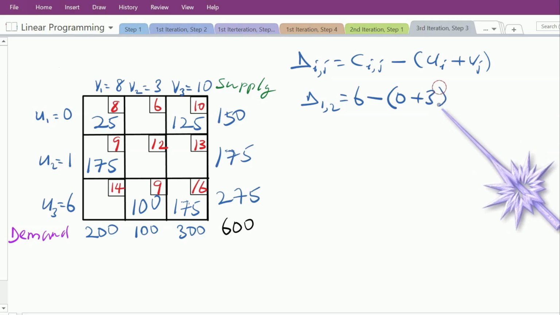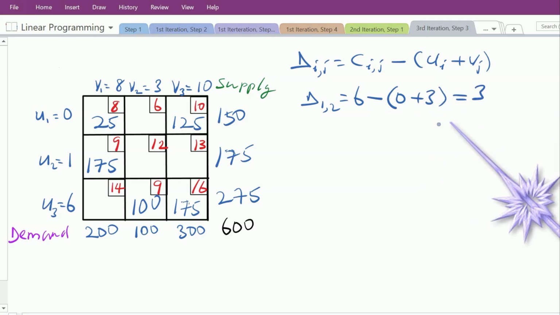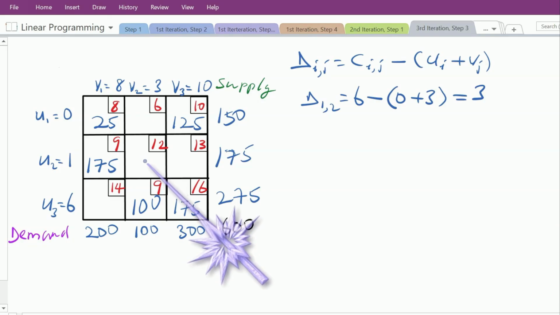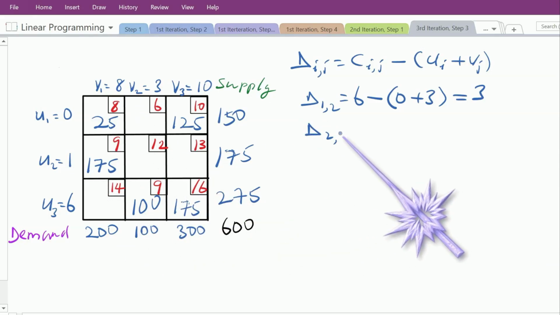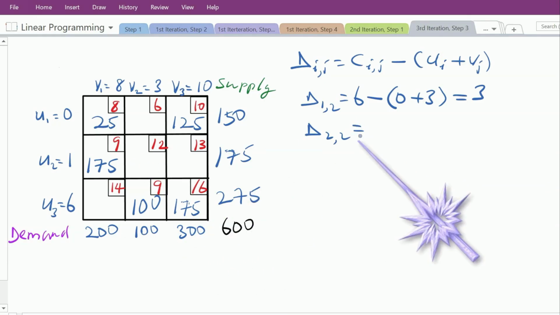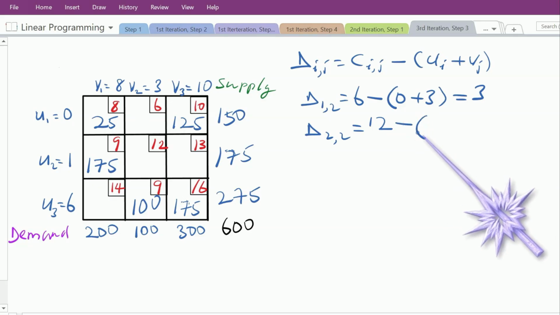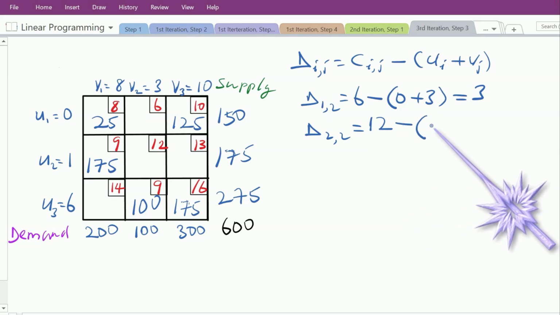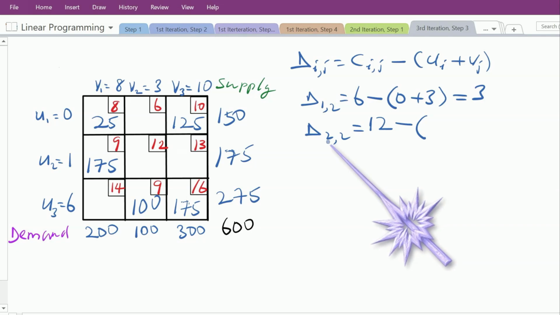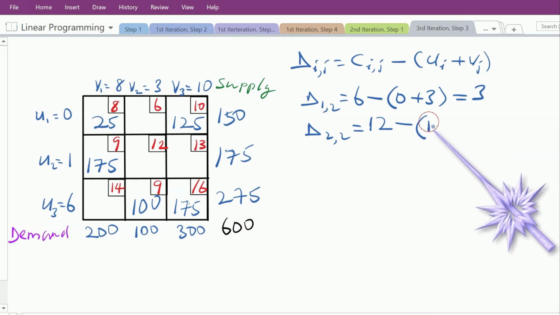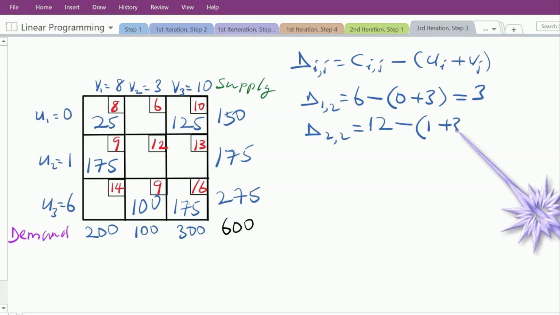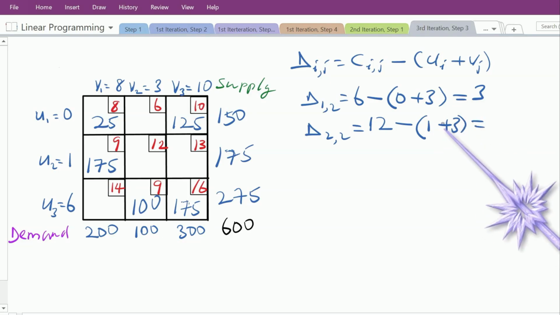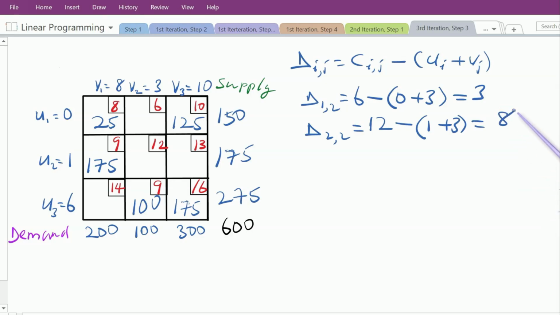That will be equal to 3. The next one is this cell, delta 2,2. Delta 2,2 is equal to 12 minus bracket open U2, which is 1, plus V2, which is 3. This is 4, 12 minus 4, that's 8.